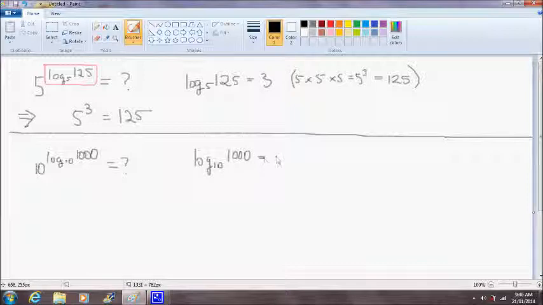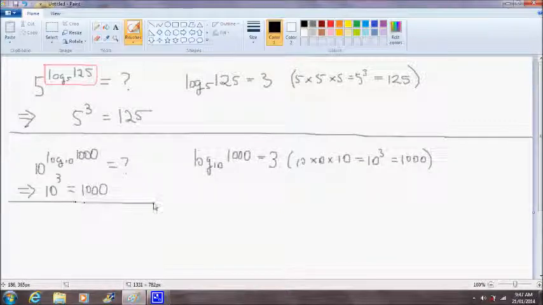That is equal to, again, 3, because 10 by 10 by 10 is equal to 10 to the 3, and that equals 1000. So that will give us 10 to the third power, and that again would equal 1000. Do you see a pattern starting to emerge? Let's look at a final example.